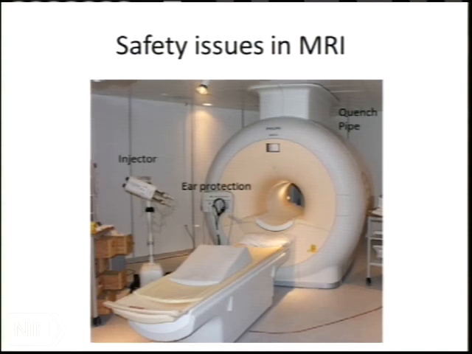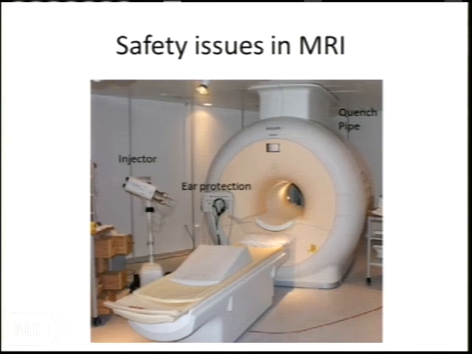Well, it turns out just what I described is great until something goes wrong with one of those wires, and there's a little short, and that heats up very rapidly, and that heats up the liquid helium into gas, and that gas will just come out of the magnet very quickly. In fact, so quickly that it will replace, to a large extent, the oxygen or air in the room.